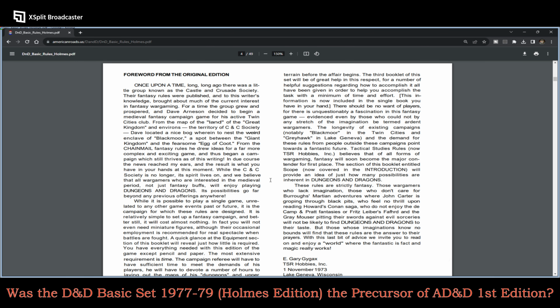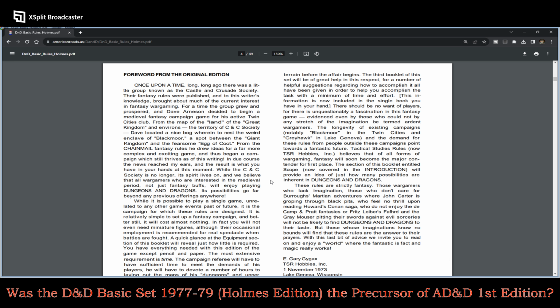So, yes, it's a lead-in, saying this is still the basic game, and you can take what you learn from playing the basic game, and if you wish to go into the more advanced, you're going to shift over to Advanced Dungeons and Dragons.